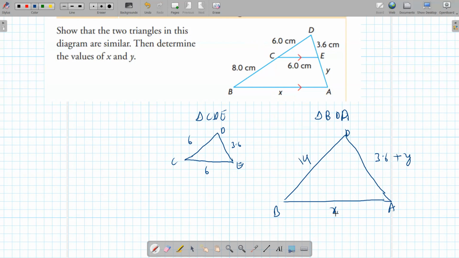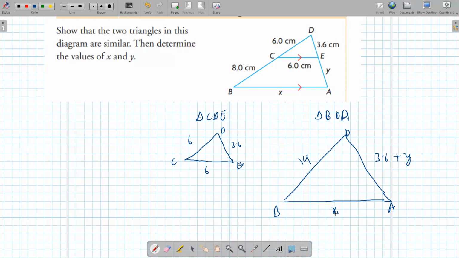And the question is asking us to show that these two triangles are similar. How can we do that? In order to prove that two triangles are similar, you have to show that two of the angles are the same.